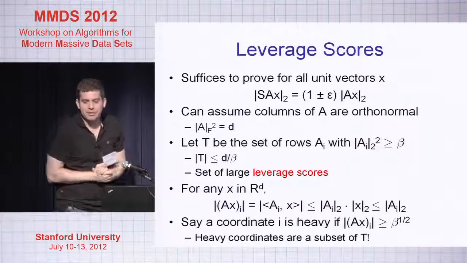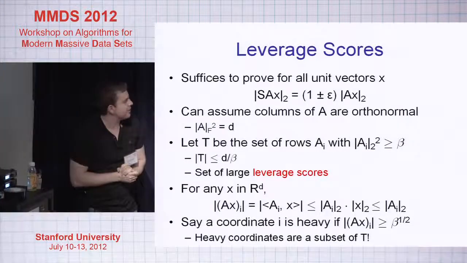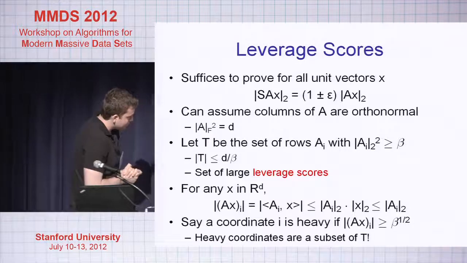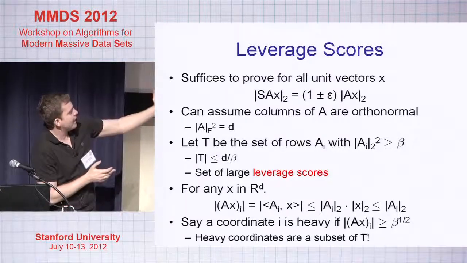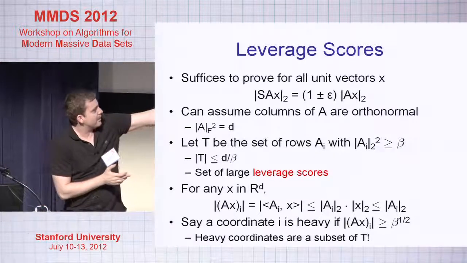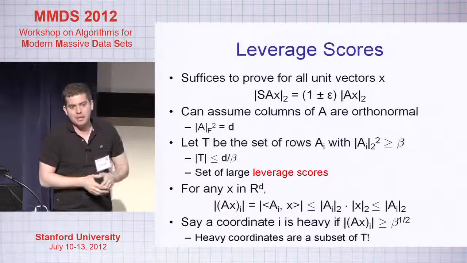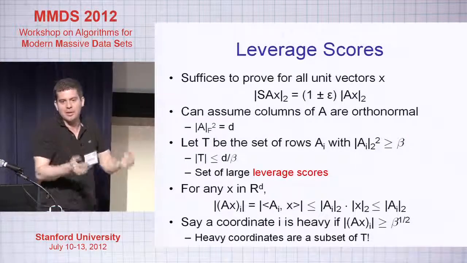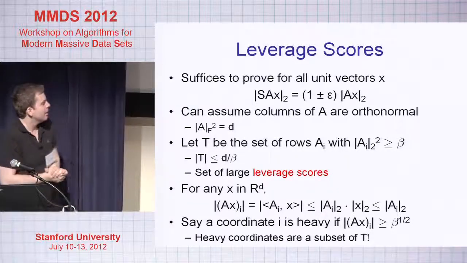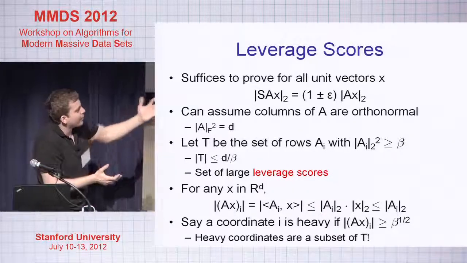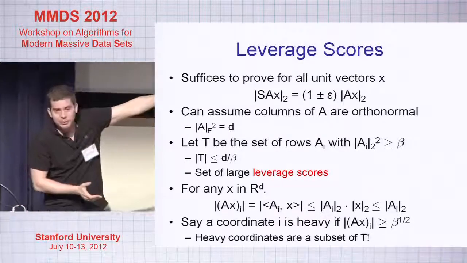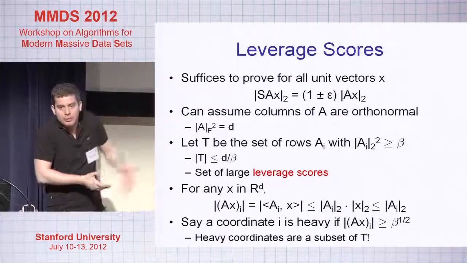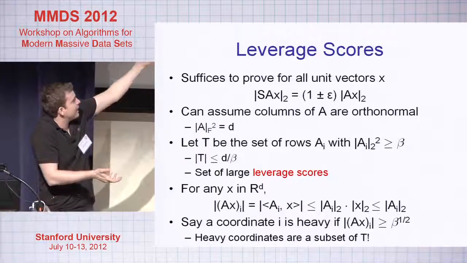So we say a coordinate i is heavy if the value (Ax)_i is at least root beta. Again, beta is just some parameter; think of it as 1 over poly d. Then the heavy coordinates are a subset of T, because the value can be at most the 2 norm of A_i, so you need the 2 norm of A_i to be at least root beta.